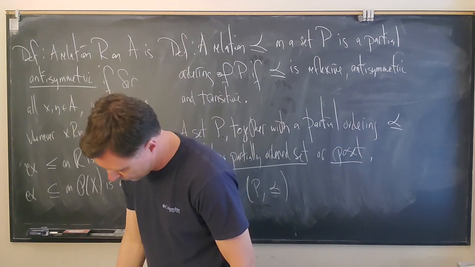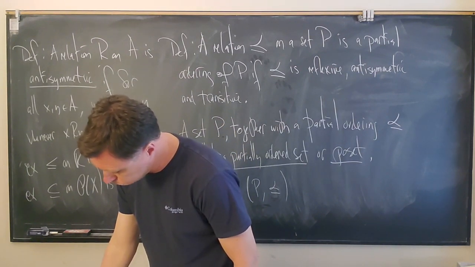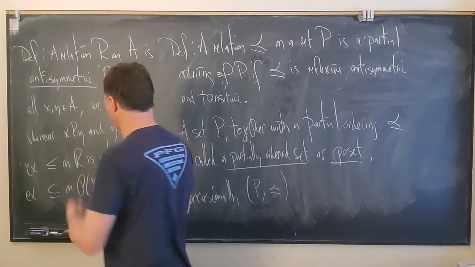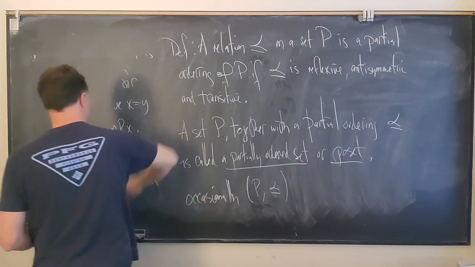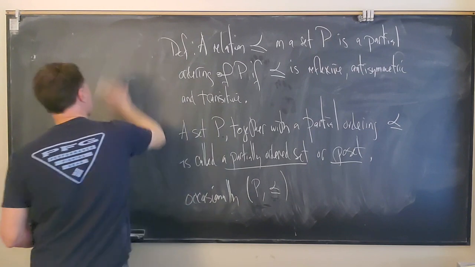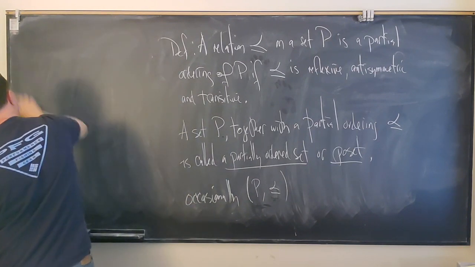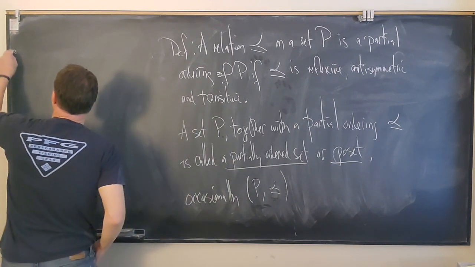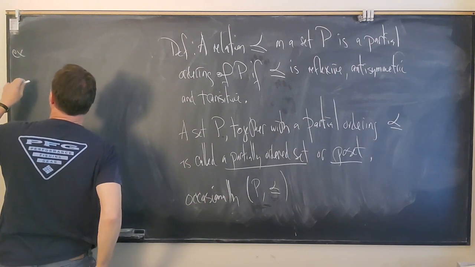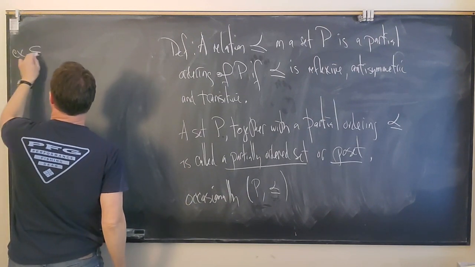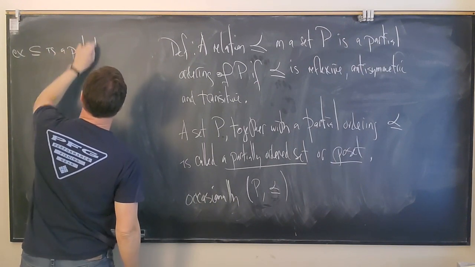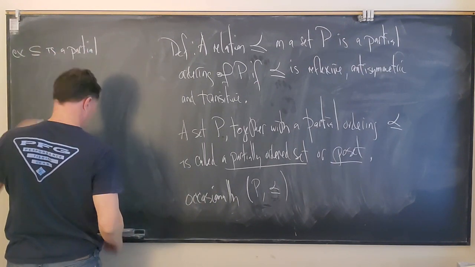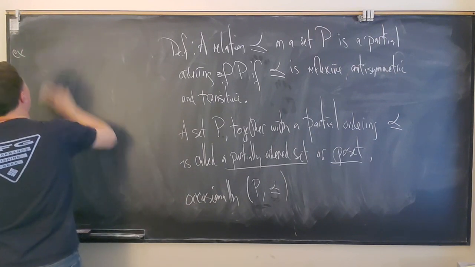So for example, subset is a partial ordering of any power set. Let me phrase this a little bit better. How about this?